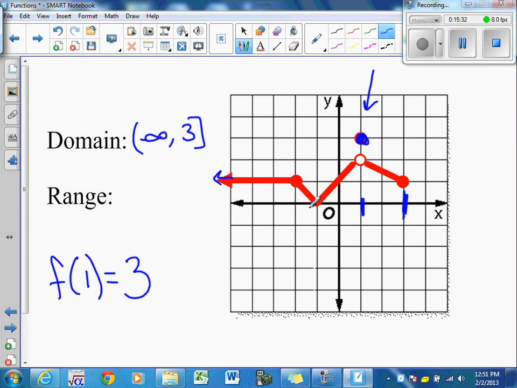Now, my range goes from 0 up to 2, but it does not include 2. We can write it this way, it jumps all the way to 3.